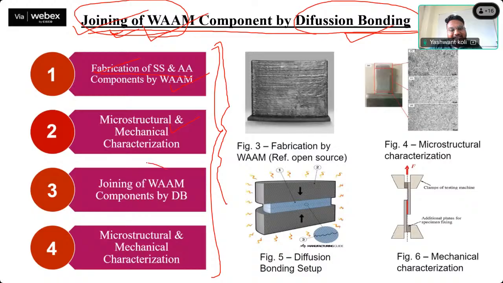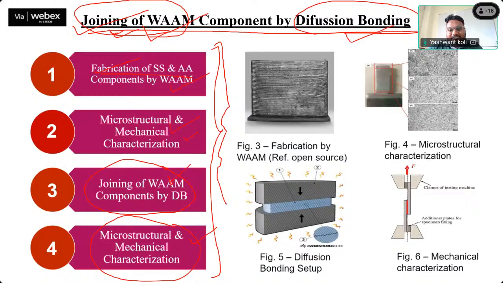Then we extracted a 10 mm by 10 mm sample from the WAM component and diffusion bonded the same component, and then we checked the mechanical strength and microstructure properties. It was found that using similar metal bonding, like stainless steel to stainless steel, and stainless steel to aluminum also, the strength is very good.